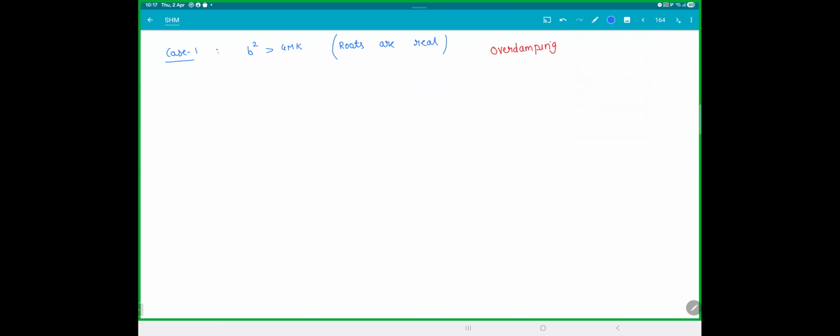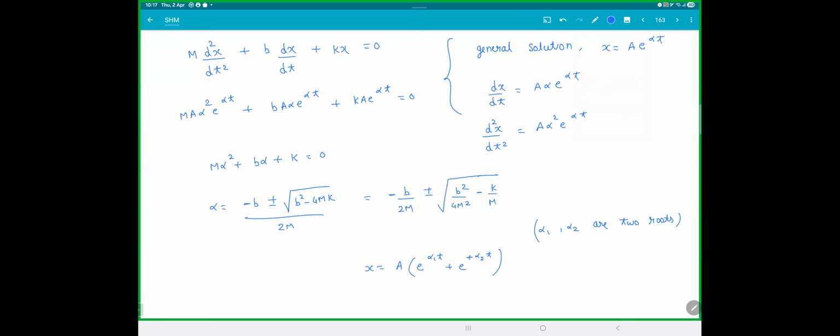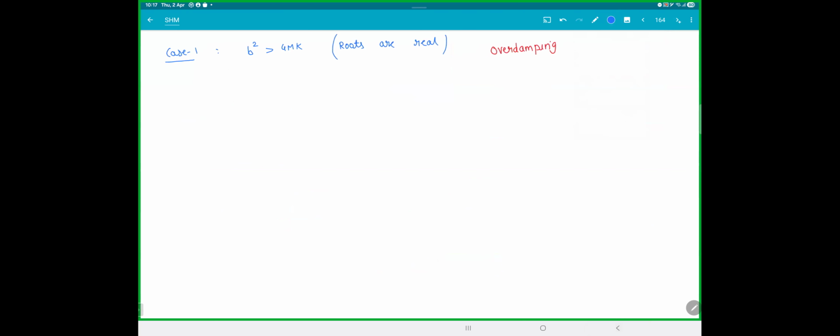What does it mean? Look at the solution. We got x is equal to e power alpha t, right? And if you take that alpha value, which is negative, it means the system is not going to oscillate. It is just going to decay. That is, you start from one position, it will just tend to 0. I'll show you the graph. So basically there'll be no oscillations.